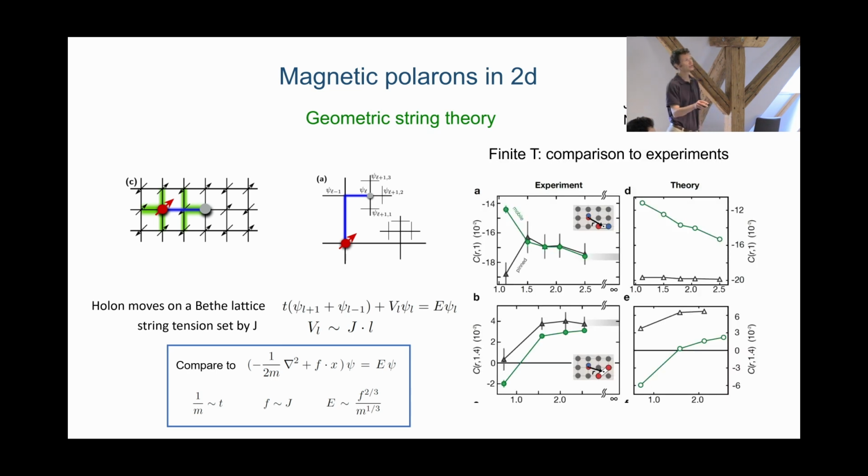And as the hole spreads out, it reshuffles the spins, and we can convert our knowledge of the wave function on this Bethe lattice into how much spin correlations would be affected. We can use this to compute, let's say, nearest neighbor spin correlations, like this comparison to experimental data, or these diagonal correlations, again in this experiment. The horizontal axis is the distance to the doublon. Remember, we talked about near the doublon there is a change of sign. And that's what comes out from this effective Bethe lattice calculation.